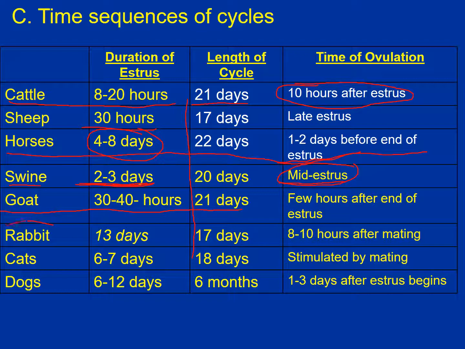Okay, rabbits are an interesting species here. Duration of estrus, about 13 days, and it's italicized here because the does do not show outward signs of estrus. To know if the doe is receptive to the male, you put the male in, or put the doe in the male's cage.